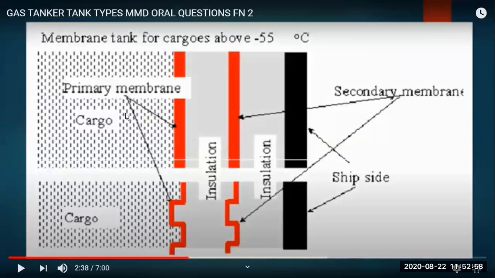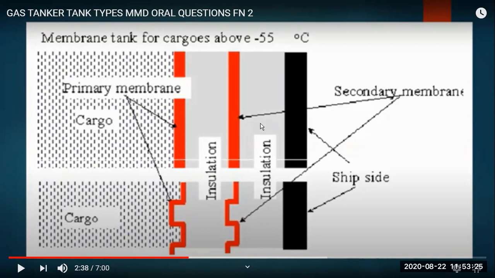So this is a typical diagram. If you can draw, it's an easy diagram to draw in the exam for the membrane tank. So this is the tank where you can put liquid. This is the primary membrane that is made up of Invar or nickel steel. Then you have the secondary barrier. In between these also we have insulation, but this is a very small space as we saw.